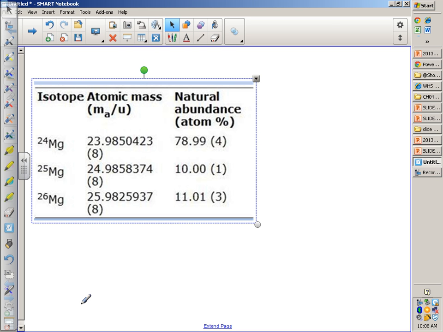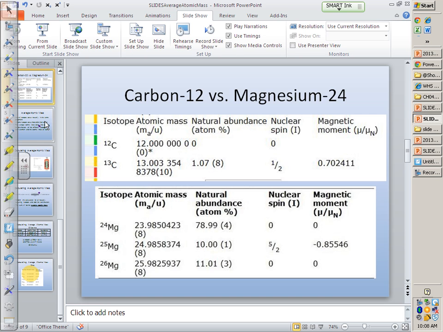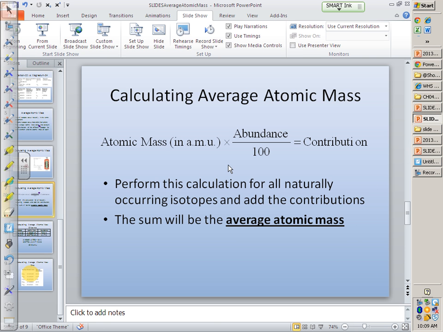So, calculate the average atomic mass for magnesium based off of this formula.